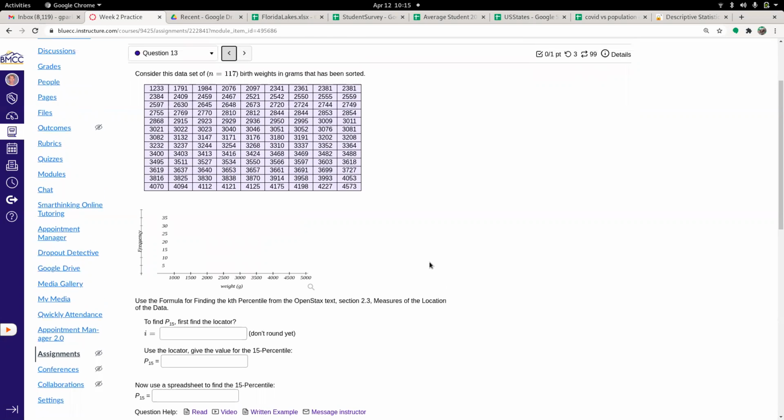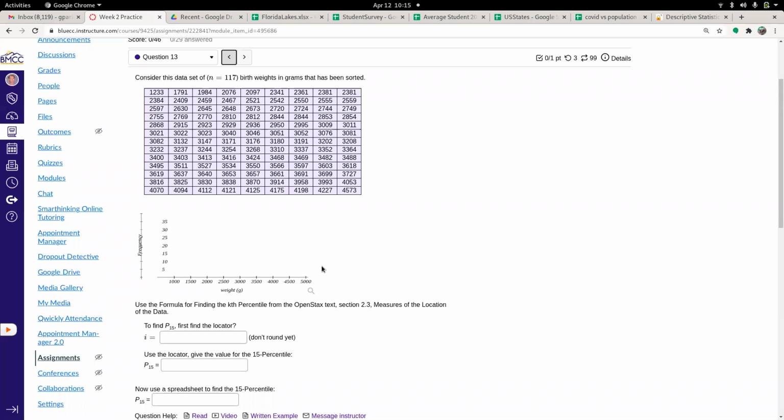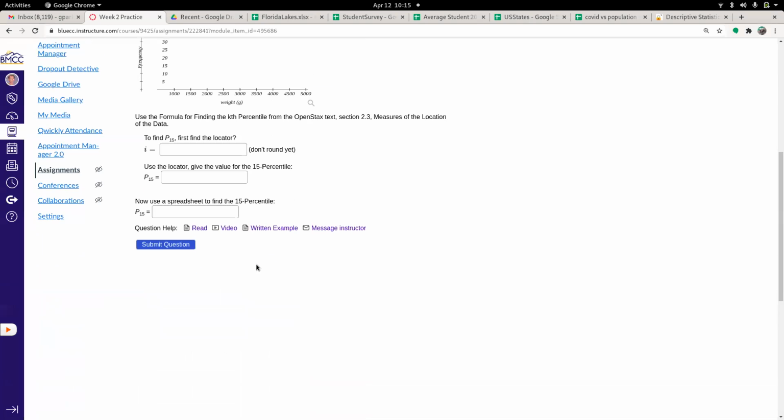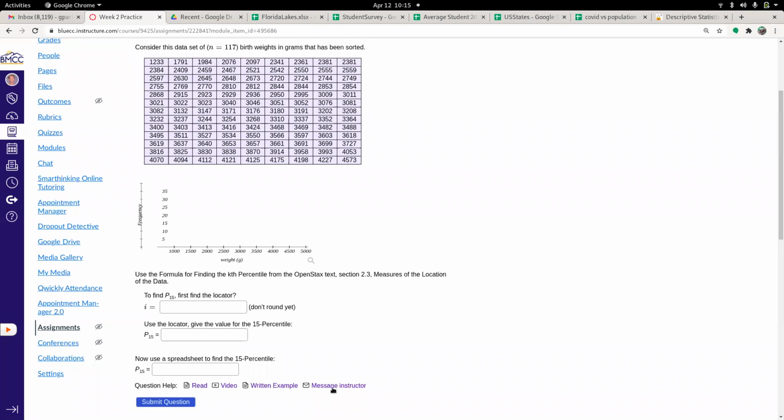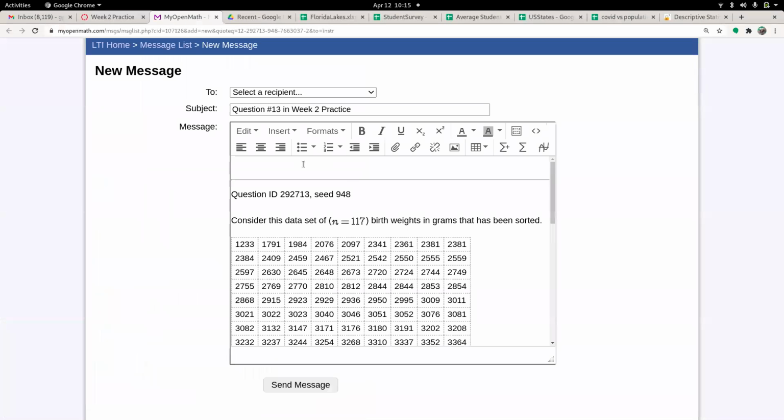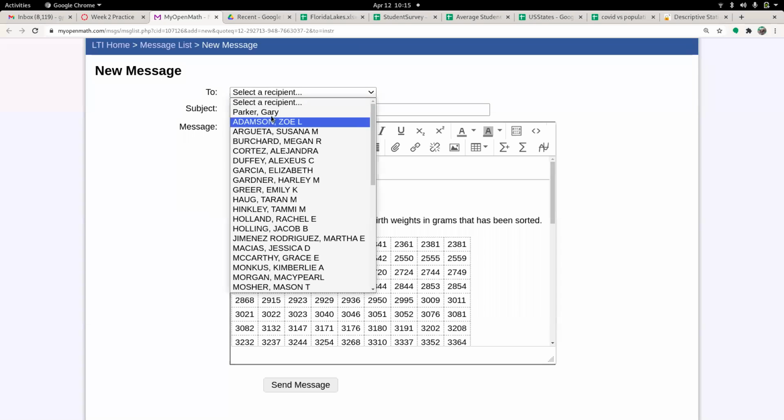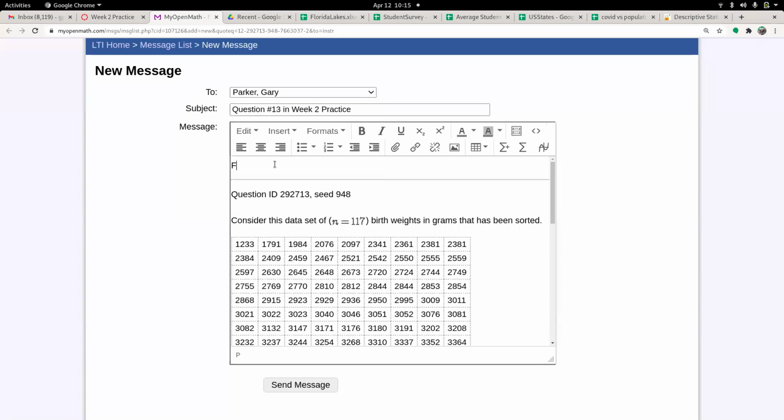Okay, so this one compares the by hand method. Oh, interesting, the graph did not appear there. Okay, I'll make a note to fix that. Let's see, message instructor: frequency histogram seems broken, please fix.